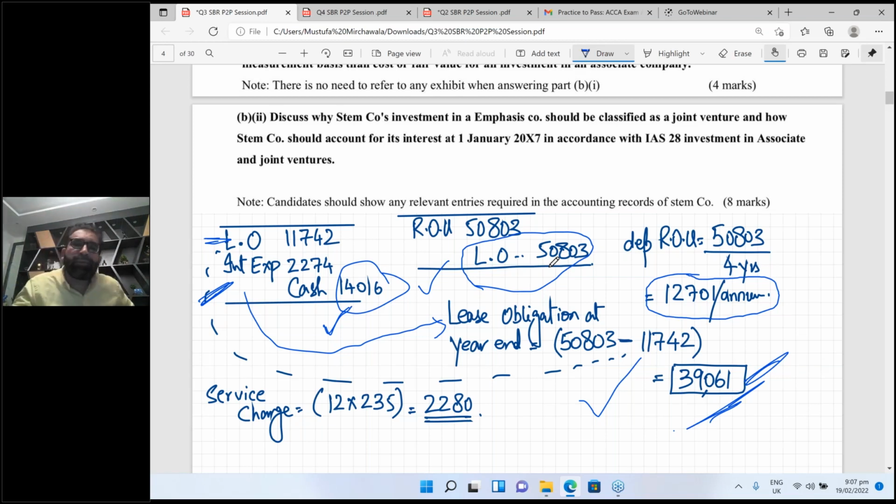Either you can do 50803 less 11742 and get the year-end liability immediately, or you can do 50803 less 14016 plus 2274. My respected student, these two strategies are the same. The wordings may be different, but these are the same thing. You can use any wordings.